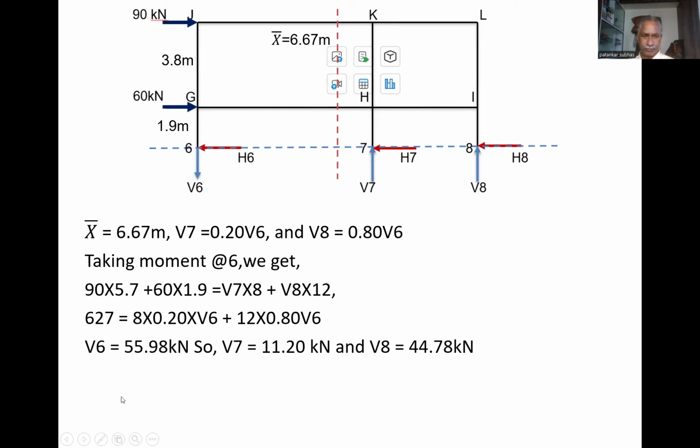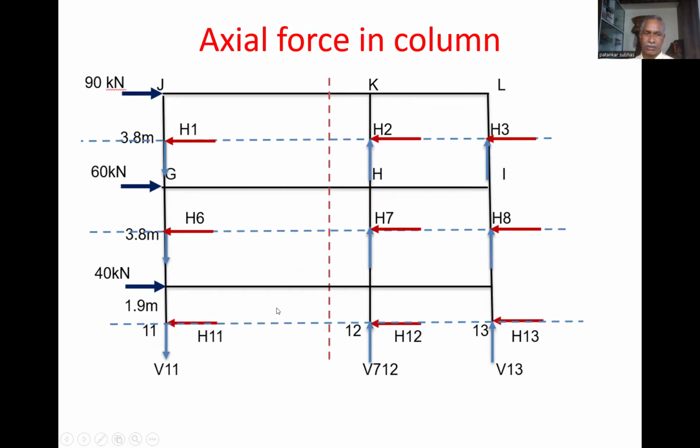So we get the answer. Again we eliminate V7 and V8 by V6 and we get the value of V6 is equal to 55.98 kilonewton, V7 is equal to 11.20 kilonewton, and V8 is equal to 44.78 kilonewton. This is the second. Third one, then we have considered the third section.